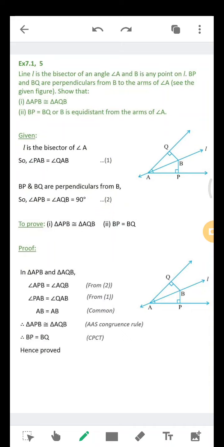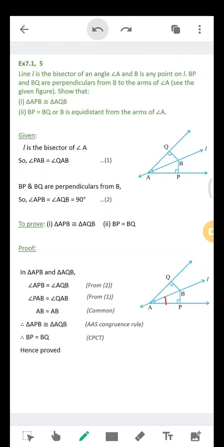Coming to the proof now. In these two triangles APB and AQB, you can see from equation number 2, APB and AQB are equal. This is our first step. Then PAB is equal to QAB.